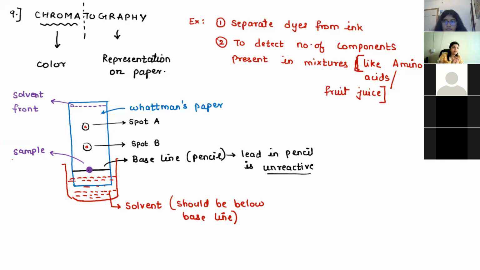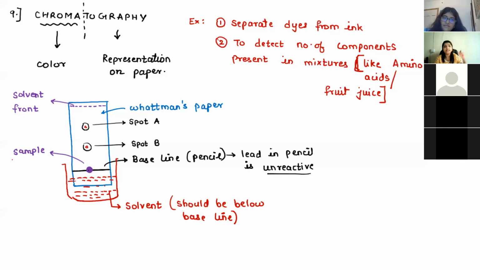Let's say for example, it's a mixture of fruit juices, and I need to find out which spot is pineapple juice and which spot is orange juice.